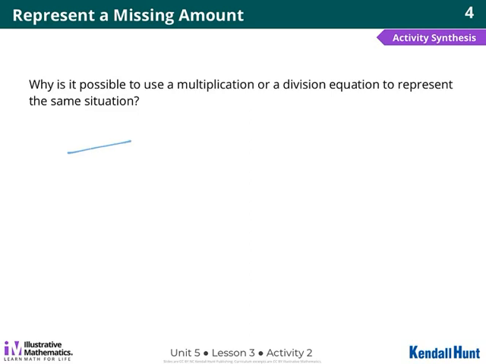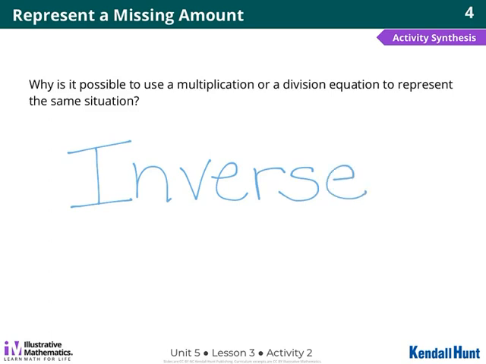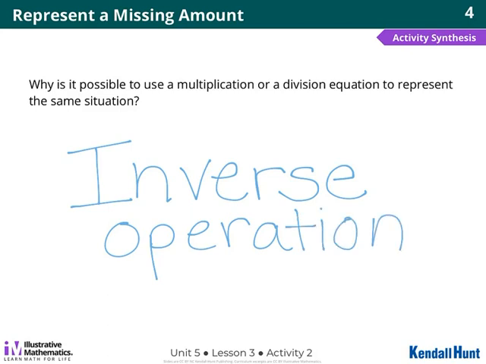But we have to find the other value if we're doing division. But if we do multiplication, we just find the answer. So what does this say up here, everybody?